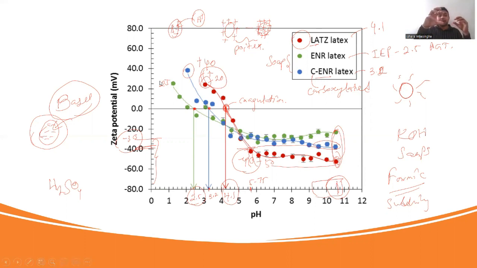Let's say 100 particles are there in the sample. Those 100 have different slipping potentials. This laser light measures the speed of these moving particles. Then electrophoretic mobility is converted into zeta potential.